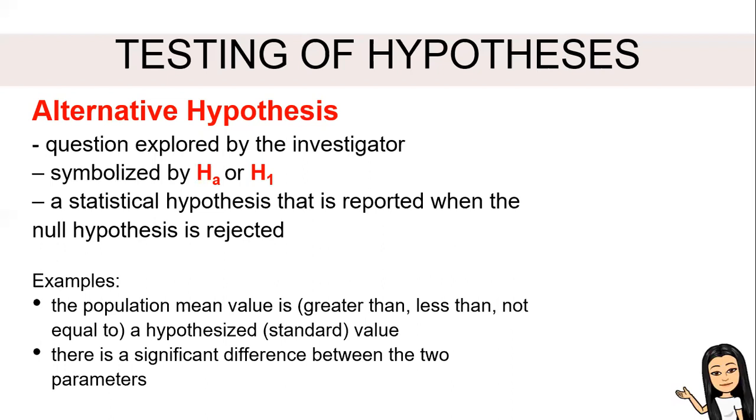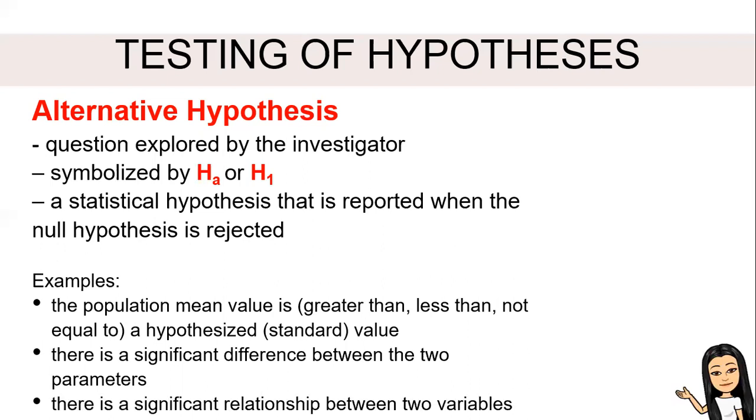For example, there's a significant difference in the weights of men and women. Or you could say that there is a significant relationship between two variables, like there is a significant relationship between height and weight. So this is your alternative hypothesis.